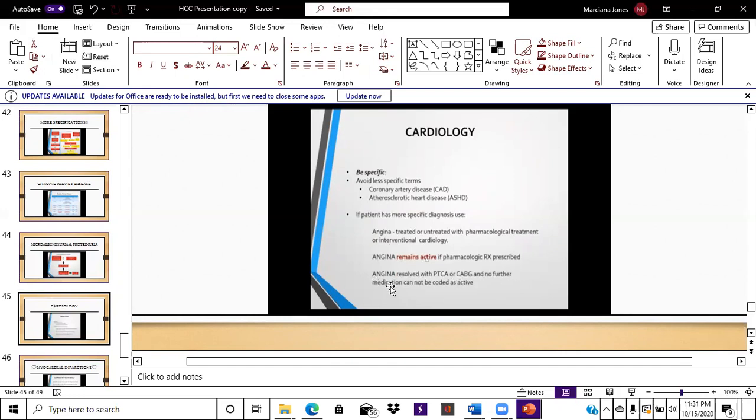Now, angina that resolved with PTCA, stents, or bypass grafts, and no further medication cannot be coded as active. If they've got it resolved, then it's not active anymore, and you can't code it as being active. Now, beta blockers are prescribed whether symptoms are present or not, so you will code it as active.